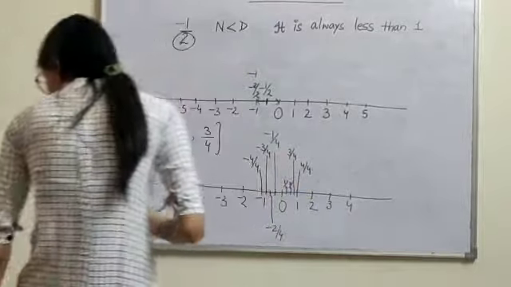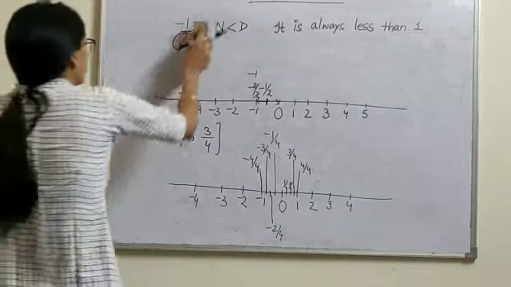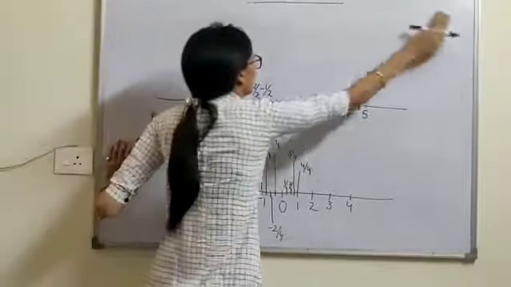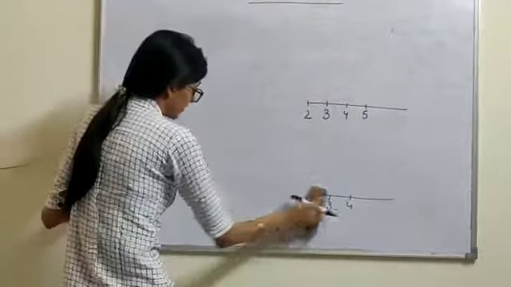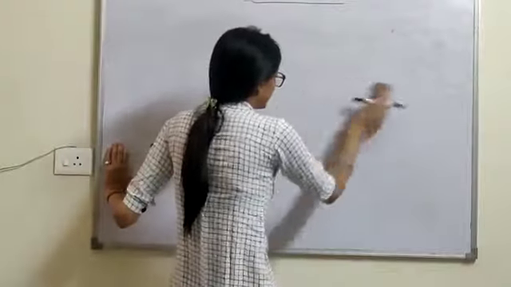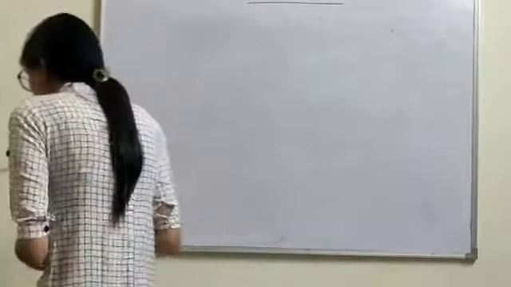Now the next part is, suppose it is an improper fraction. Then we have to place a number line, and then we have to check how we have to place the numbers on number line if this is an improper fraction.